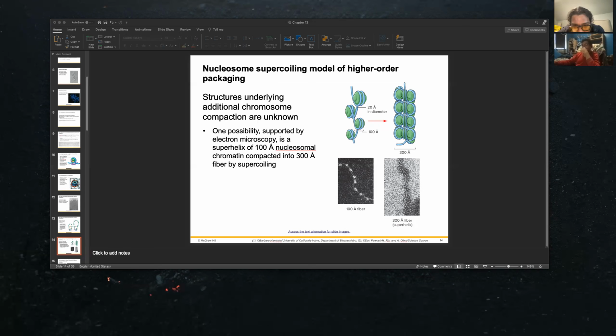So in that picture, you have a 100 angstrom fiber, and that's a superhelix, and then you see it as a 300 angstrom fiber. It gets that way by supercoiling, like it keeps wrapping around itself, tighter and tighter.